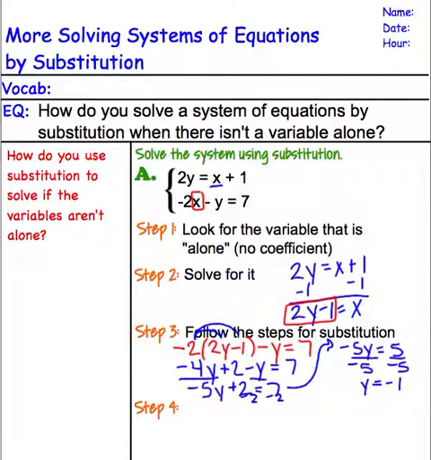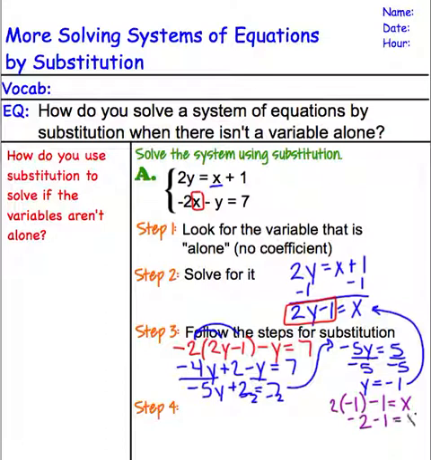Then I'll go back up and put that in here, which gives us 2 times y, which is negative 1, minus 1 is equal to x. 2 times negative 1 is negative 2.